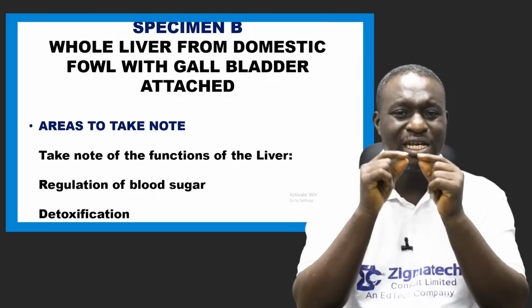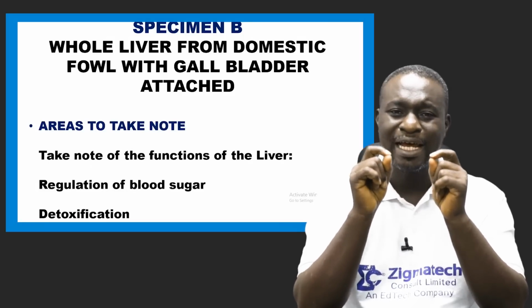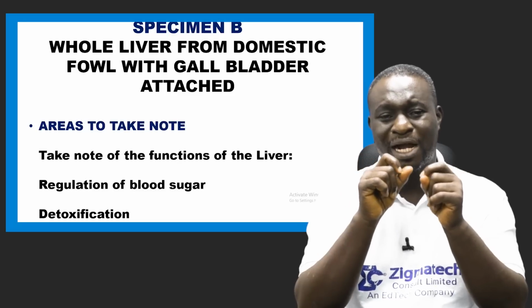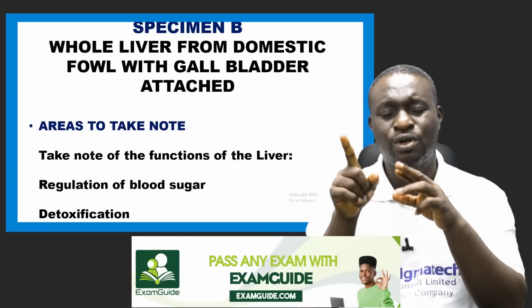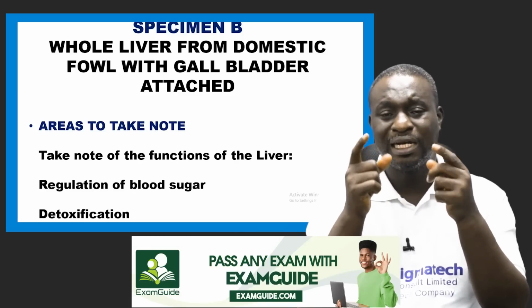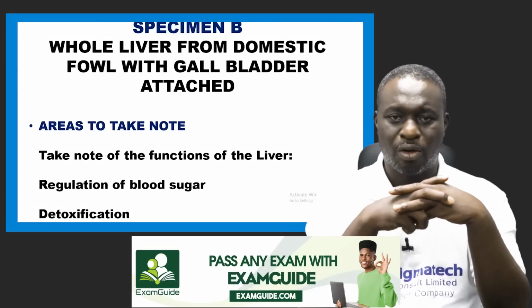When associated with the gallbladder, the liver plays a major role in digestion. The liver and the pancreas are connected to the duodenum, and they play a major role even in humans, and also in other smaller animals or mammals.